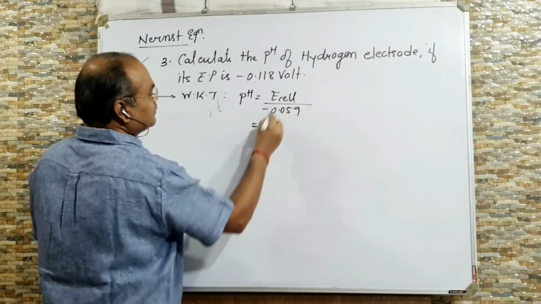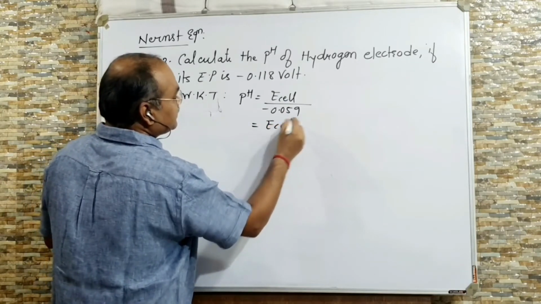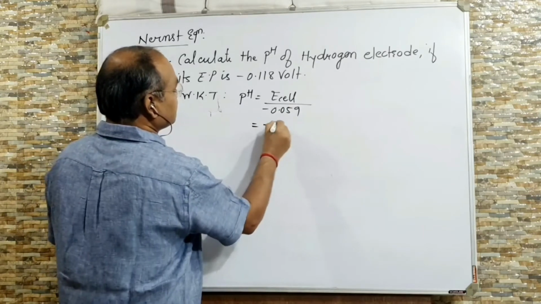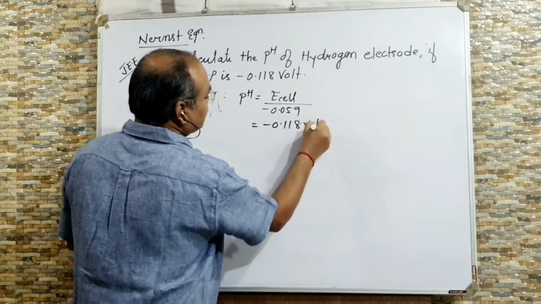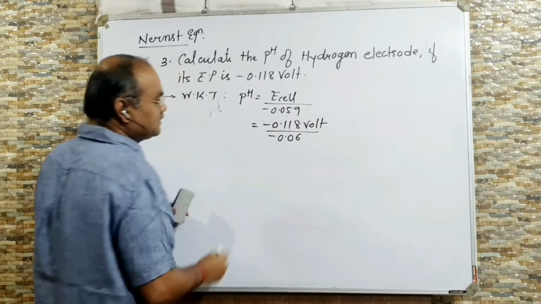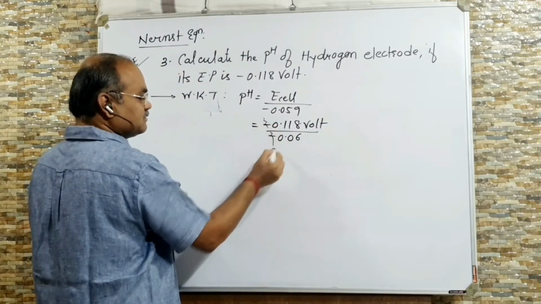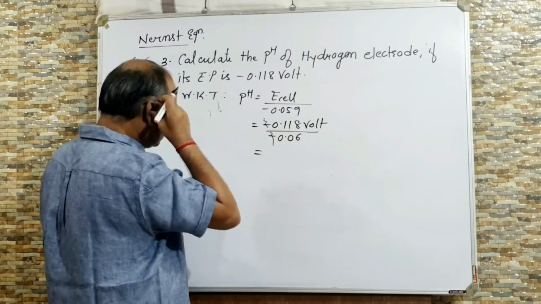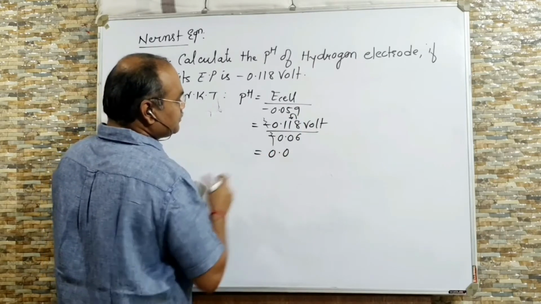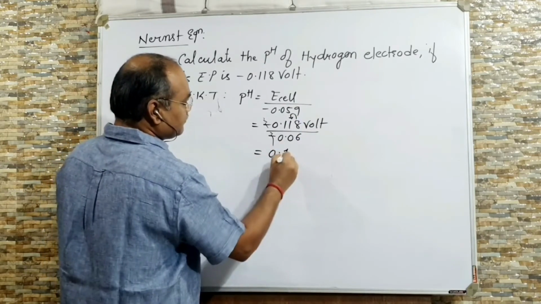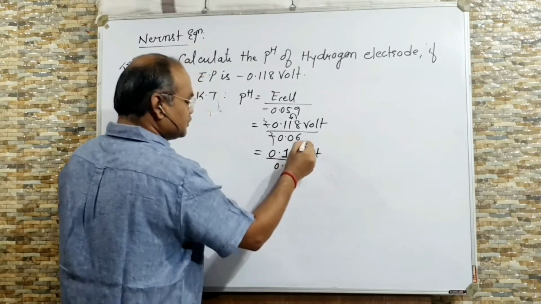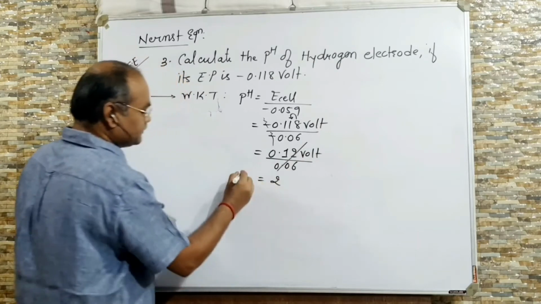So now this will be equal to E cell, and E cell we know the value is given, minus 0.118 volt divided by, can I write it as 0.06, minus minus cancel, so this will be equal to, now you can carry on 1, so this will be equal to 0.12 volt divided by 0.06. So if you cancel, your answer will be 2.